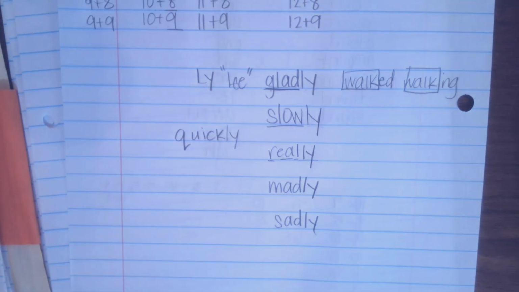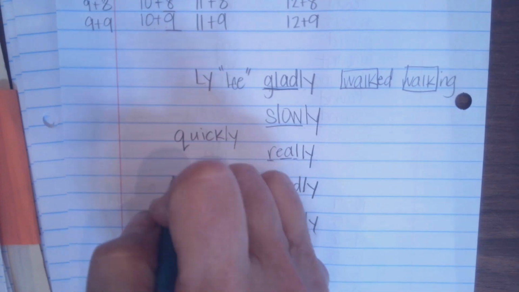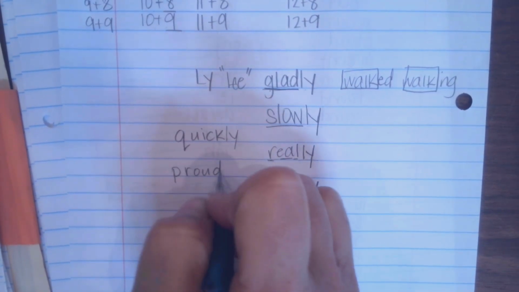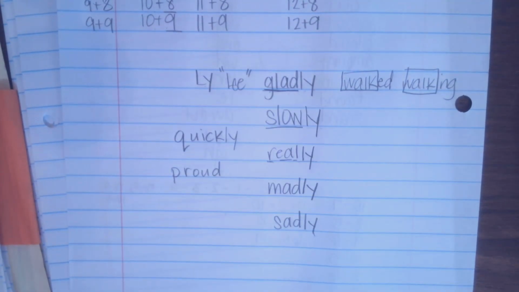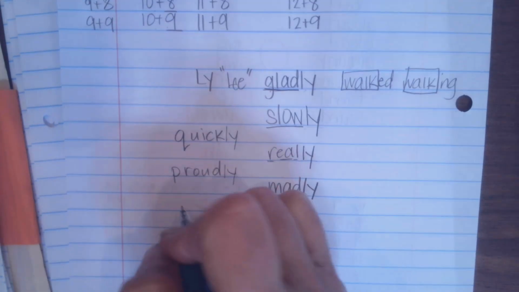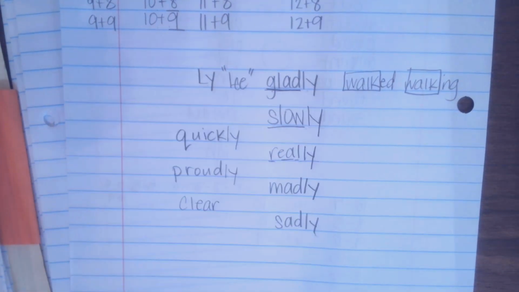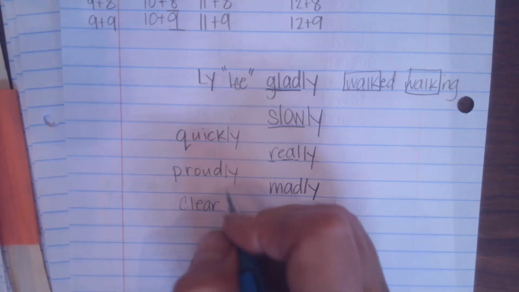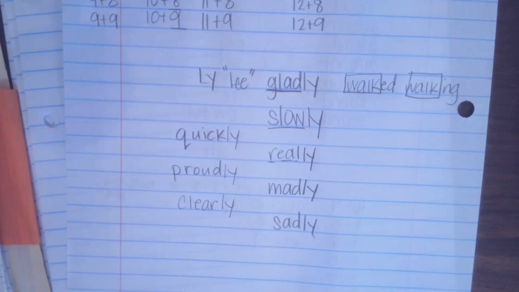If I put a ly on it, it becomes quickly. We can read that word, p-r-o-u-d, proud, and then put a ly on the end of it. K-i-n-d, and then put a ly on it. So you can practice those ones this week.